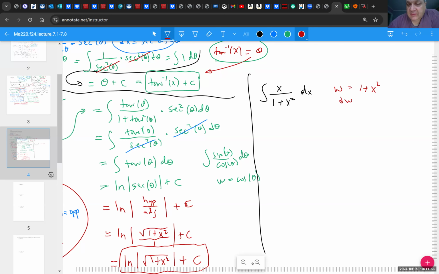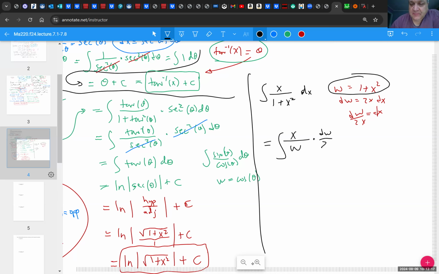then I can solve for dW, and thus I can solve for dx. And it works out really nicely. In this integral, I have x on the top and 1 plus x squared on the bottom. Well, that's exactly what W is, and dx is dW over 2x.